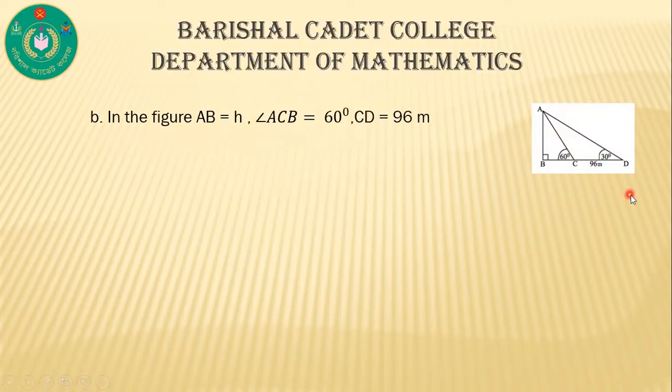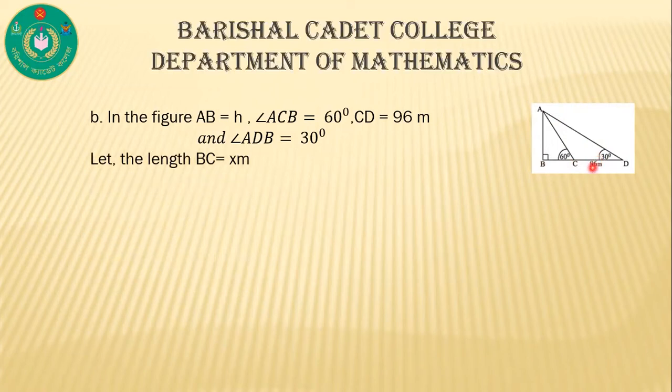In the figure, AB is equal to H and angle ACB is equal to 60 degree and CD is equal to 96 meter and angle ADB is equal to 30 degree.